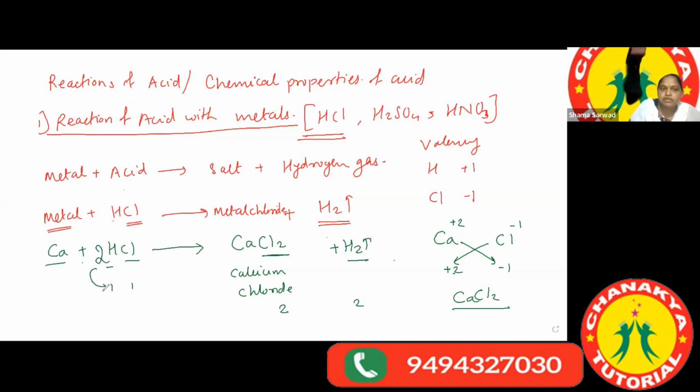When I do, this 1 hydrogen multiplied becomes 2, and this 1 chlorine multiplied becomes 2. Right? So your balanced equation is Ca plus 2HCl gives CaCl2 plus H2. Right?